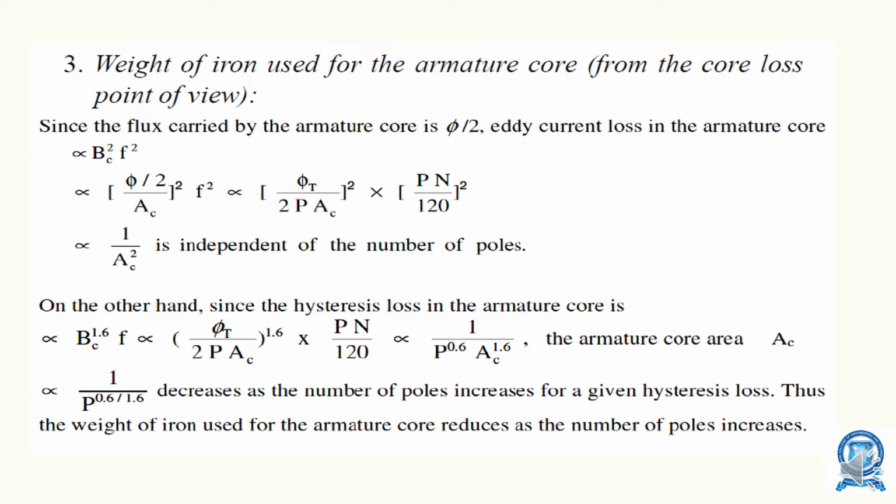On the other hand, since hysteresis loss in the armature core is proportional to B to the power 1.6 into f, the armature core area Ac is inversely proportional to poles, and decreases as the number of poles increases for a given hysteresis loss. Thus, the weight of iron used in the armature core reduces as the number of poles increases.